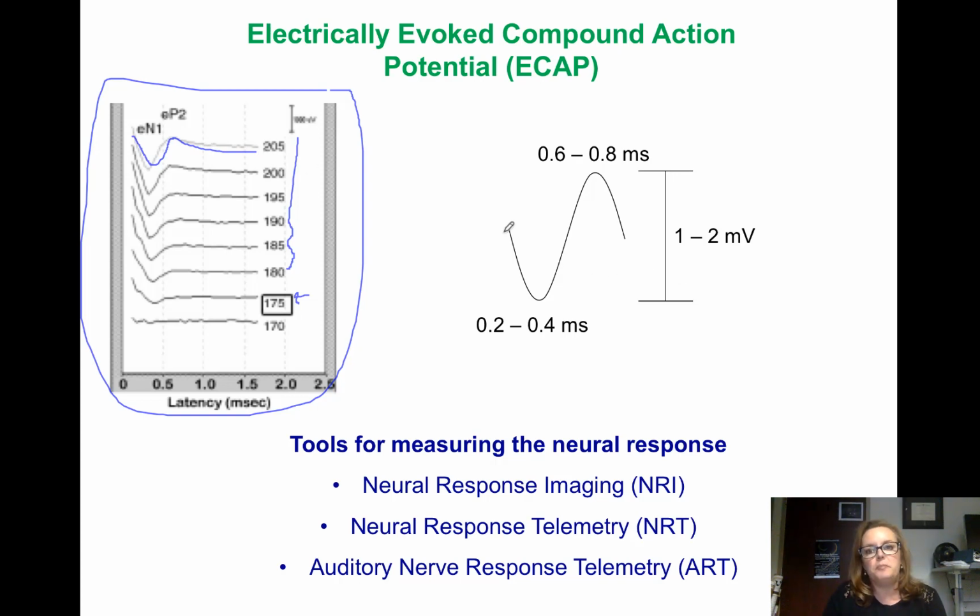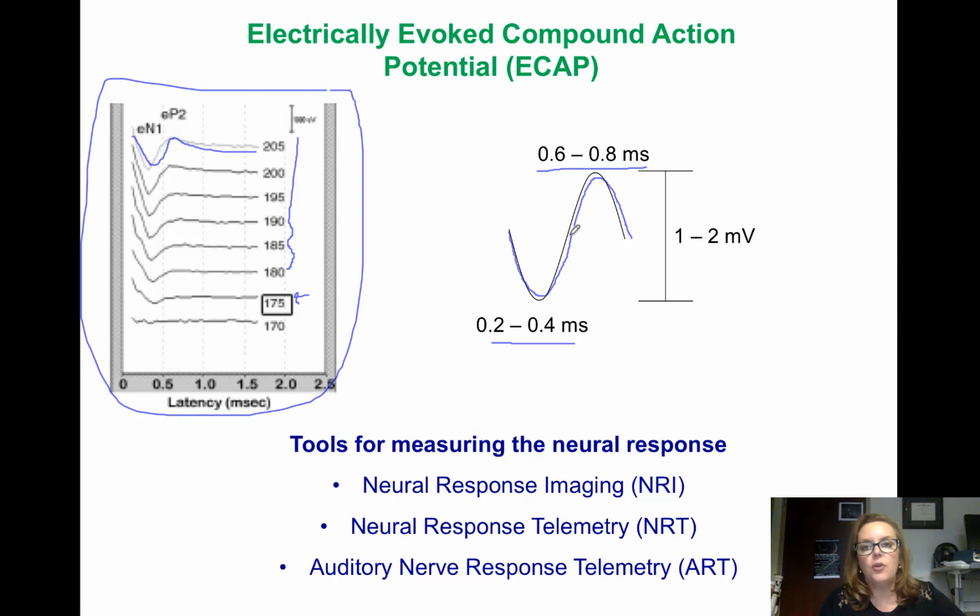The ECAP is really well defined by N1 and P1, your negative and positive peaks. Your N1 is going to occur anywhere from 0.2 to 0.4 milliseconds, with the peak of the response at 0.6 to 0.8 milliseconds.